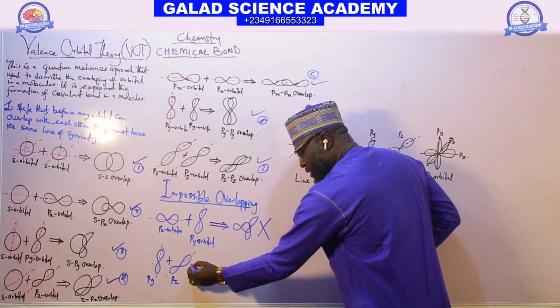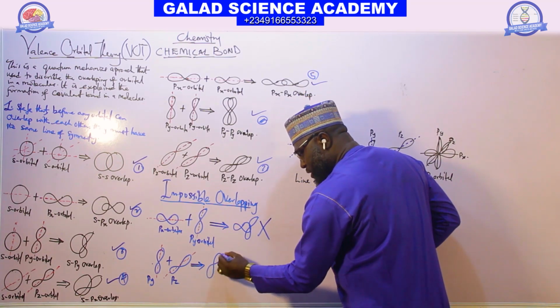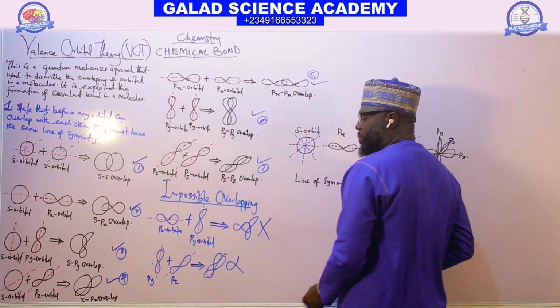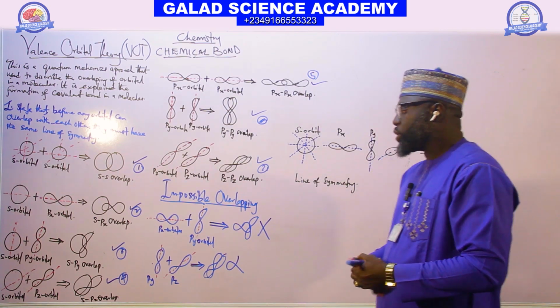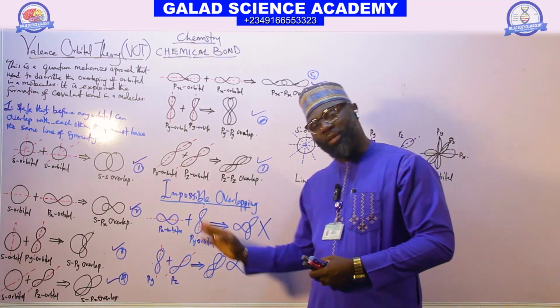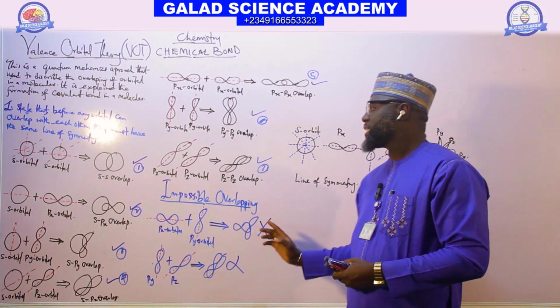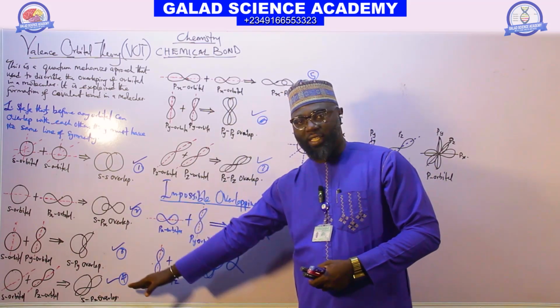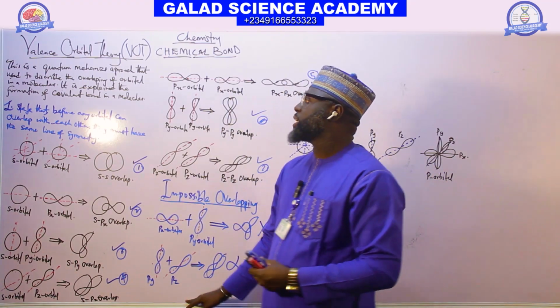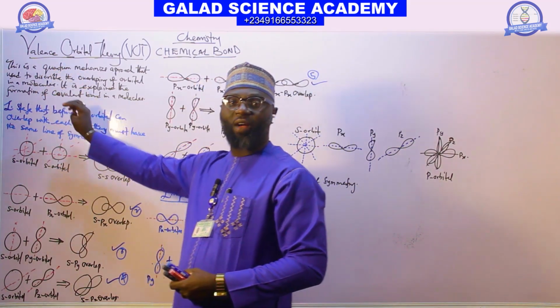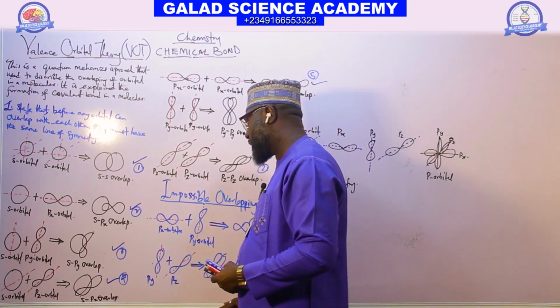So you now have this to overlap with this. It is impossible overlapping. So the S can overlap with S, Py with Py, Pz overlap with Pz, or any one of them can overlap with S. That is what the valence orbital theory says.